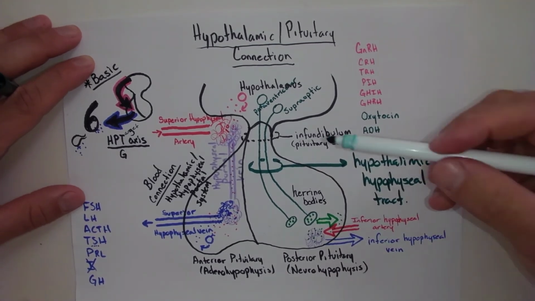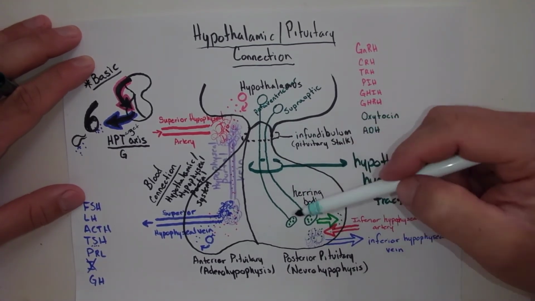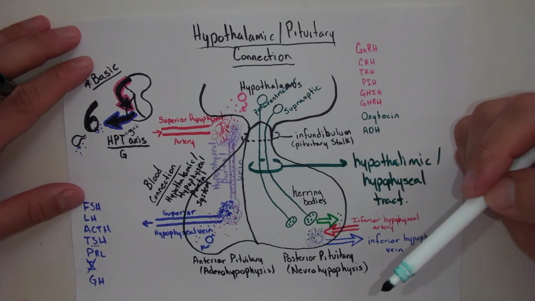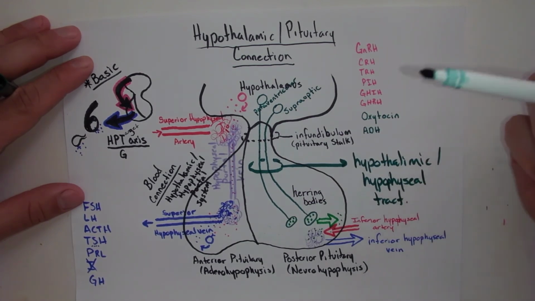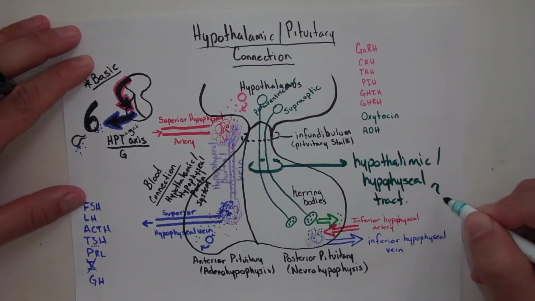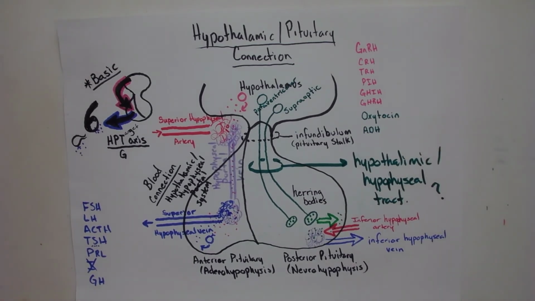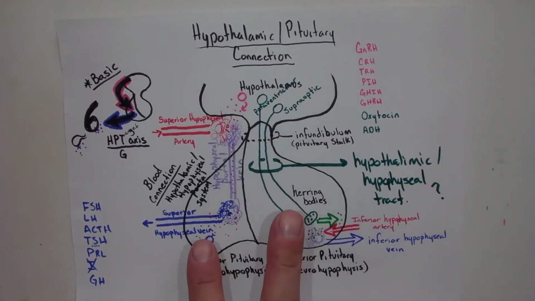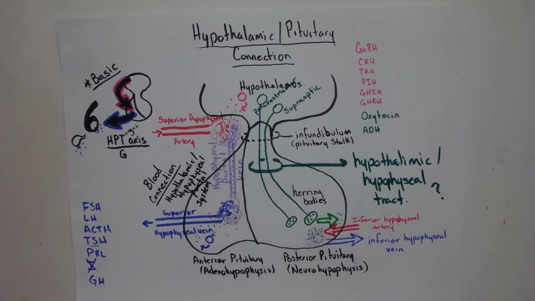My question to you is this: is this CNS or is this PNS? And how do you know? These are the two connections between the hypothalamus and the pituitary gland: the anterior blood connection and the posterior neural connection.